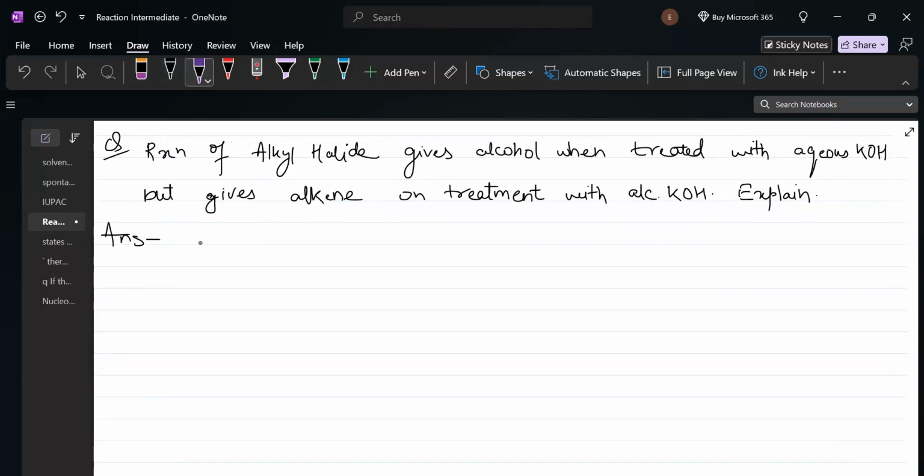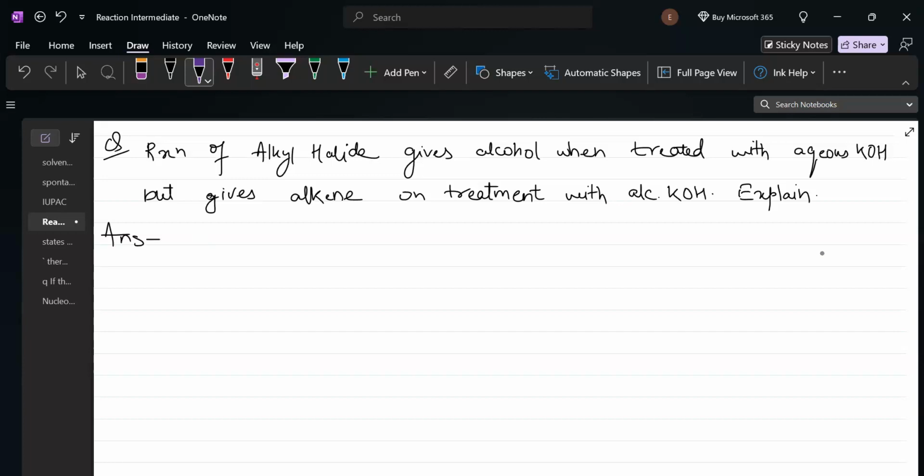Yes, sir. Actually, the aqueous alcoholic KOH reagent has been used for the first time in your syllabus, right? Earlier you used aqueous KOH, like in SN1 and SN2 reactions, and this OH minus acts as a nucleophile and attacks the substrate.